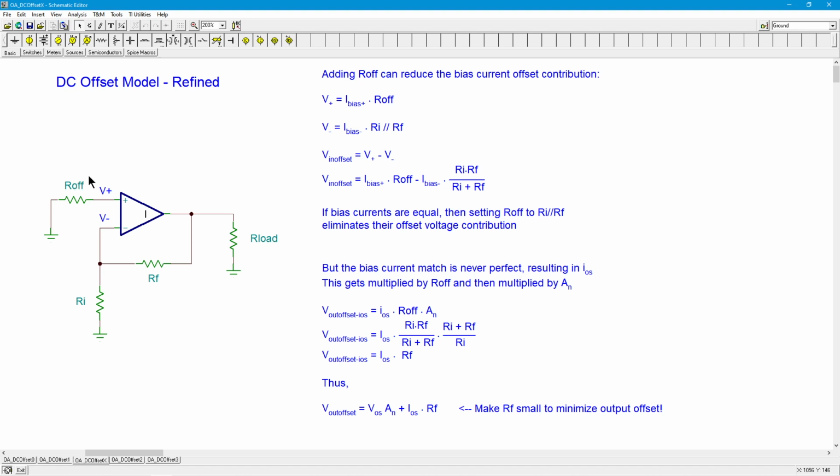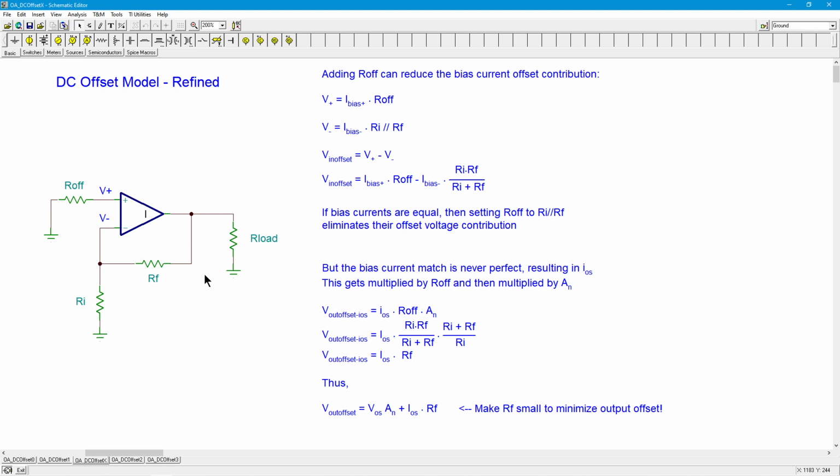First, we add the R off. And then secondly, we try to make the feedback resistors small. Now, even if that didn't have an effect on the DC offset, it's good to make the resistor small because it has a positive effect on noise. The smaller the resistors are, the smaller the noise will be.